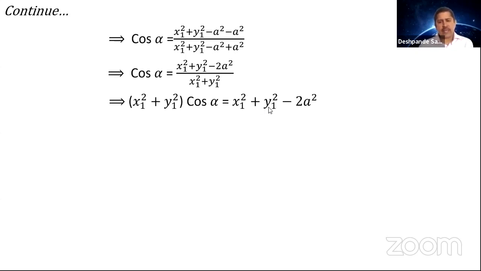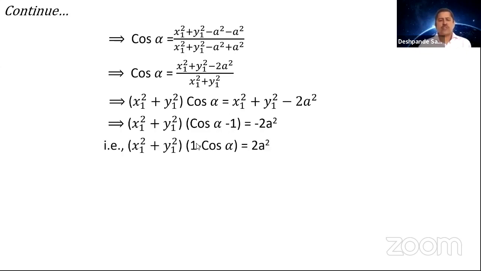So you can bring this x1 square plus y1 square to the left-hand side. So what do you get? x1 square plus y1 square into cos alpha minus 1 is equal to minus 2a square. This cos alpha minus 1 has a negative sign, so I can write this as 1 minus cos alpha. So x1 square plus y1 square into 1 minus cos alpha is equal to 2a square.